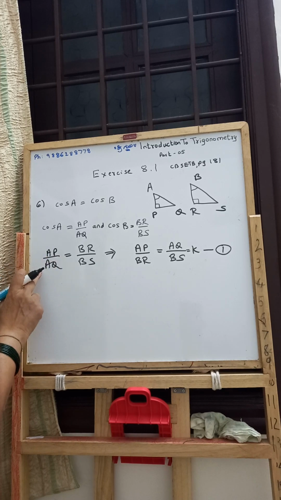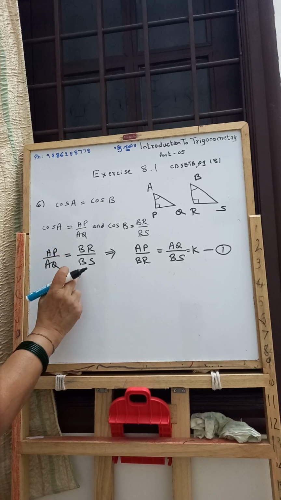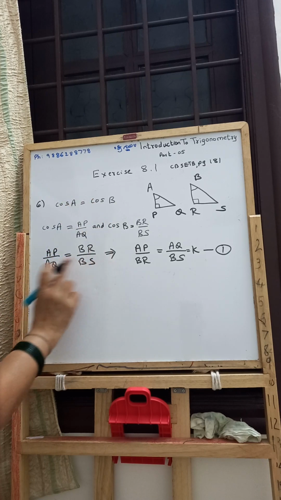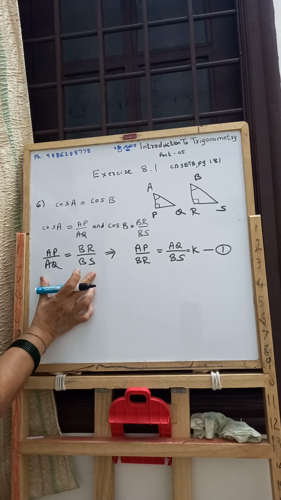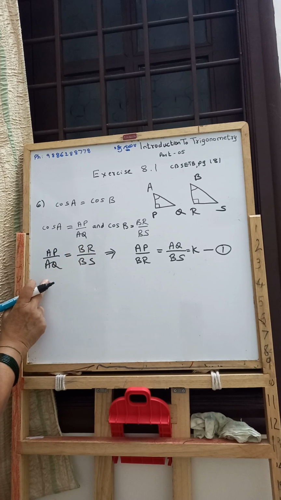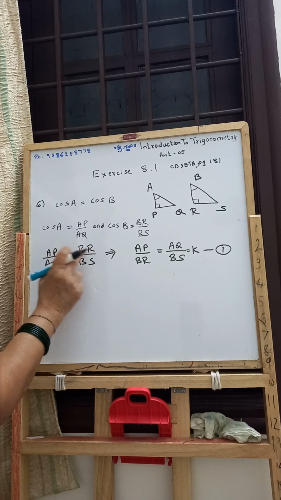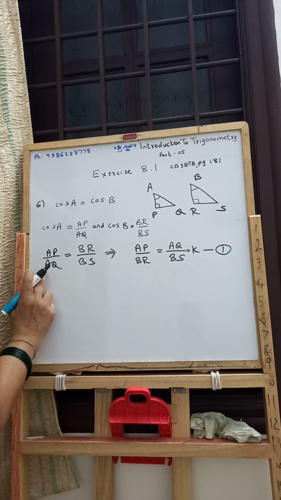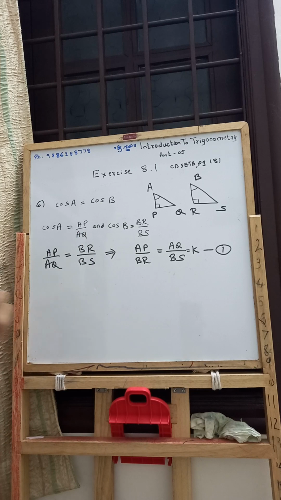We have AP upon AQ is equal to BR upon BS given. This implies we can write this ratio as AP, take BR to this side, it becomes division because it is multiplication here. AP upon BR is equal to AQ upon BS.